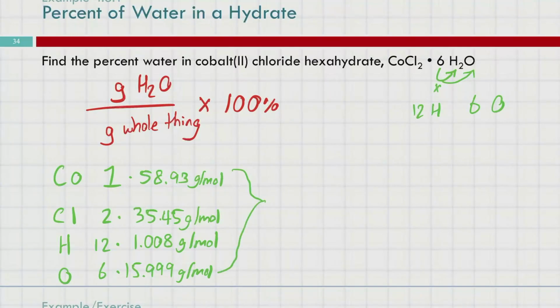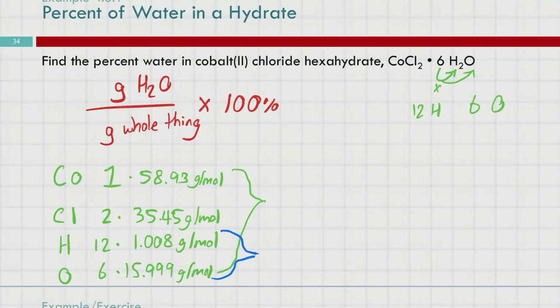Add this all up. And also we're going to get just the water part. So 58.93 plus 2 times 35.45 plus 12 times 1.008 plus 6 times 15.999.